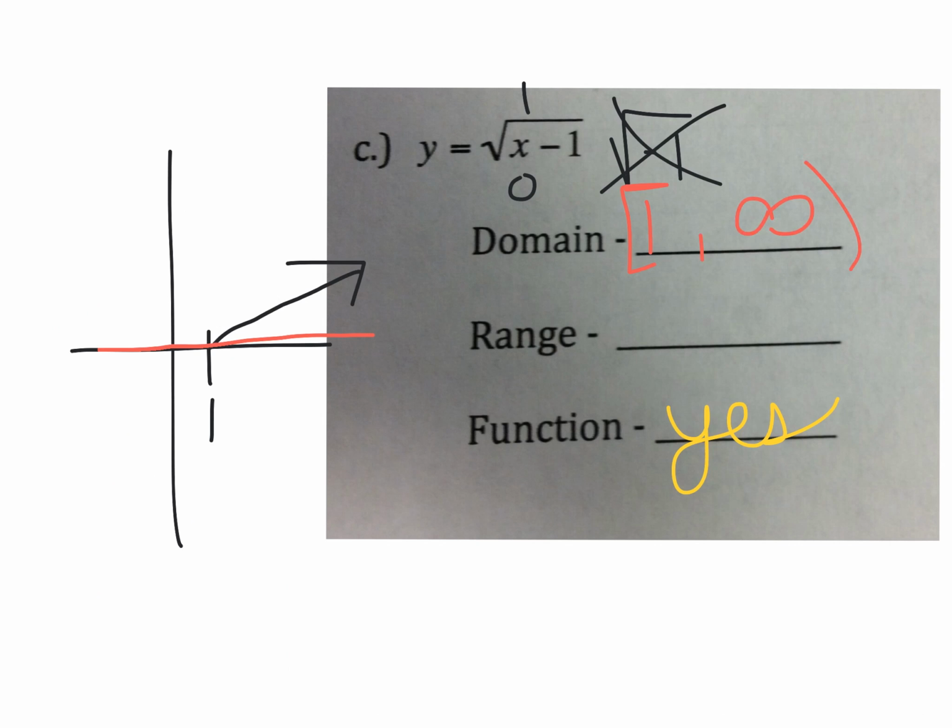Let's talk about range. Range is coming up the y, and the first time there's a y value is right here at this point, which is (1, 0). At that point, my y value is 0. So my range starts at 0 and goes to infinity.